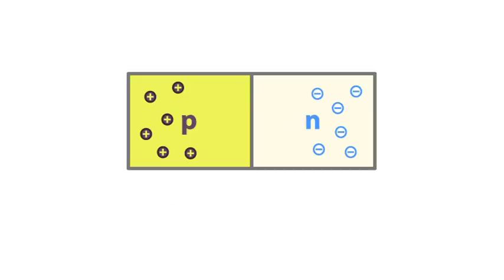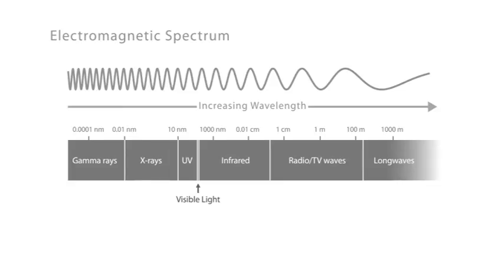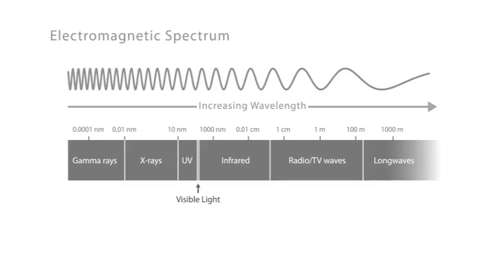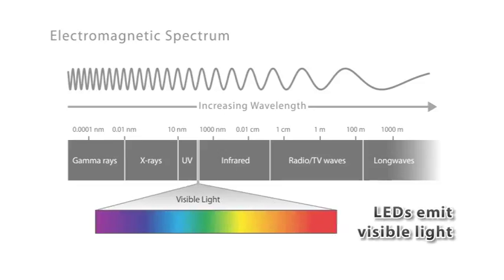In silicon-based diodes, the energy is in the infrared range of the electromagnetic spectrum. Diodes made from certain different materials release photons in the visible light range of the spectrum.